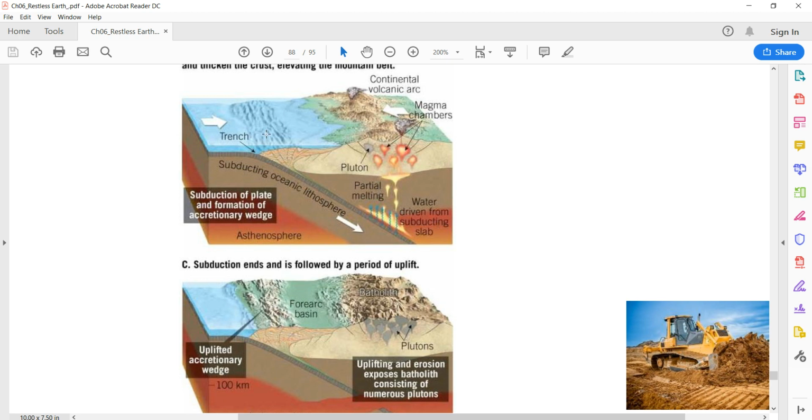and as it is subducting, lots of this sediment is being scraped, because the bottom of the ocean has lots of sediments, and as this oceanic plate comes close to the continental plate, the continental plate will remain stationary, but the oceanic plate, as it is subducting, will act like a bulldozer.